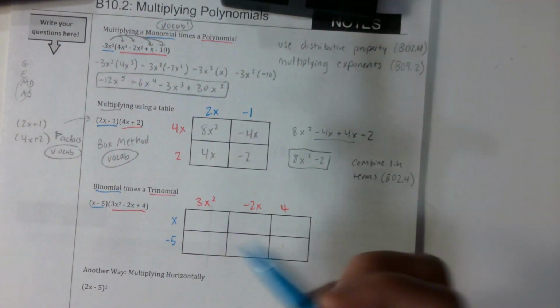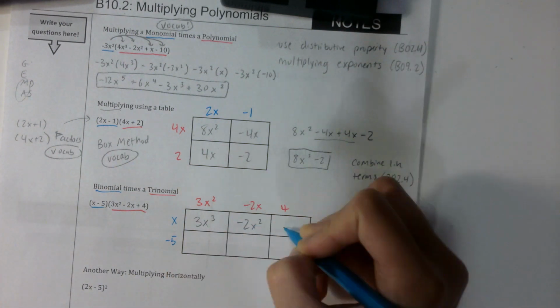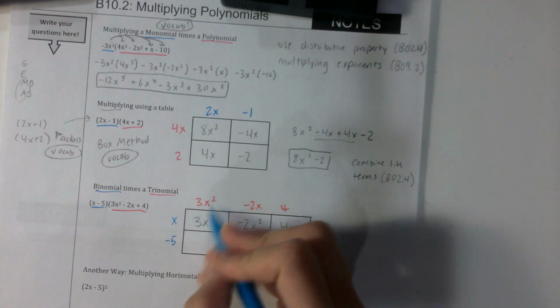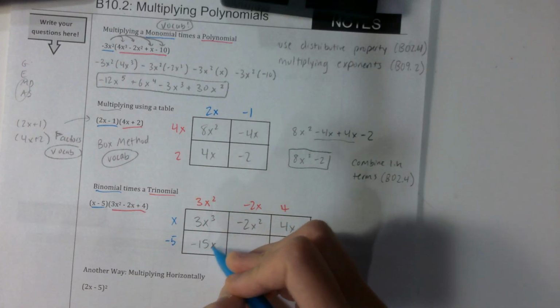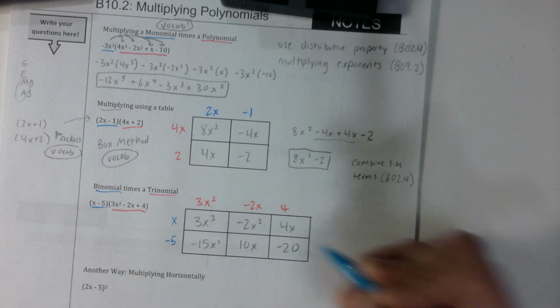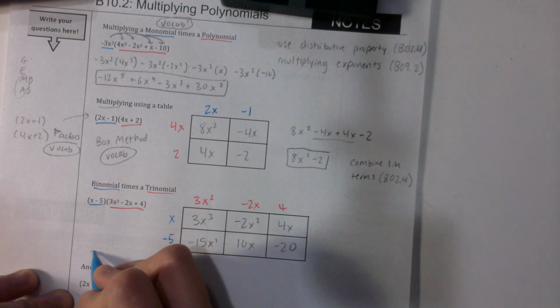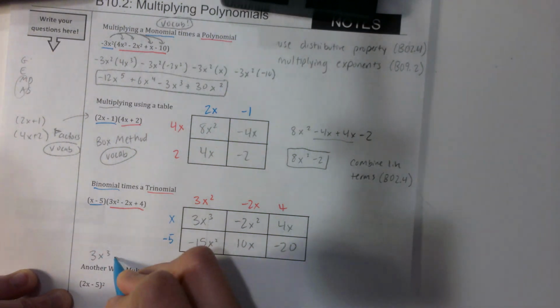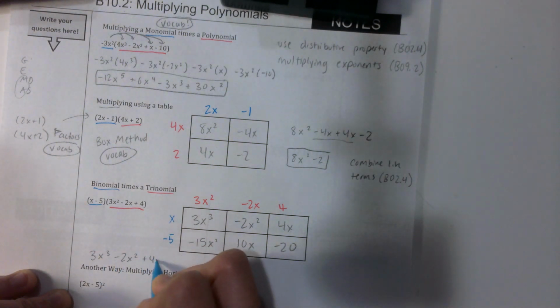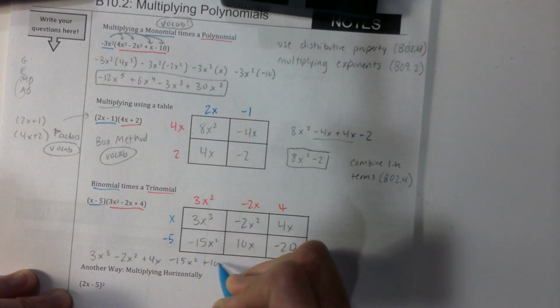Okay, so we have 3x to the third, minus 2x squared, 4x. 3x squared times negative 5 is negative 15x squared. Two negatives make a positive, 10x, negative 20. And then we just combine it all. So we have 3x cubed minus 2x squared plus 4x minus 15x squared plus 10x minus 20.